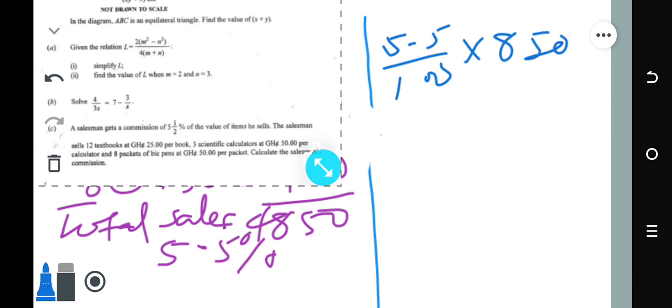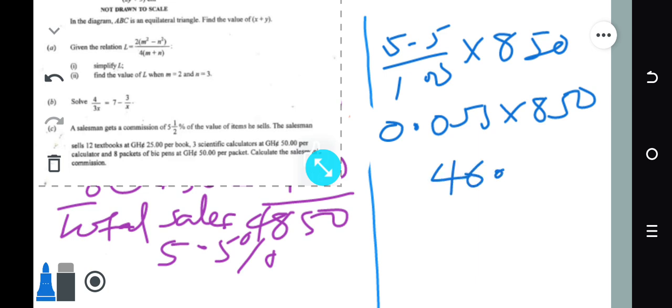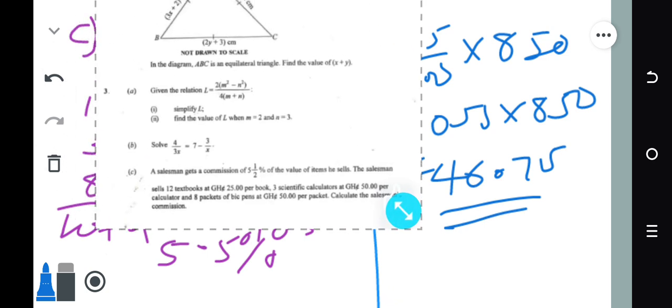So 5.5 over 100 will give us 0.055 times 850, and that is giving us 46.75. And so the salesman's commission is 46 Ghana cedis, 75 pesewas. And that is it for question 3.